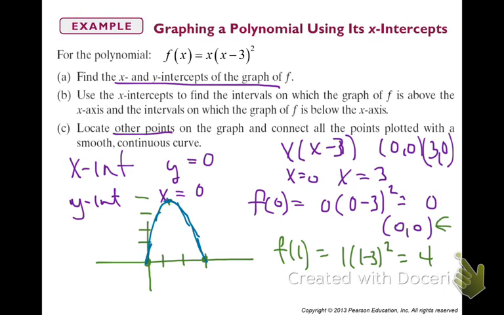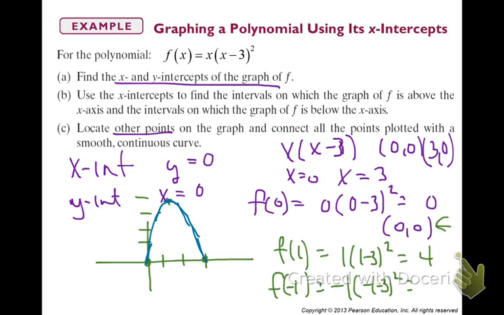Okay. So what's happening on the other side of our 0 here? What's happening at negative 1? So I'm going to have a negative 1 times the negative 1 minus 3 squared. So negative 1, minus 3 is negative 4.